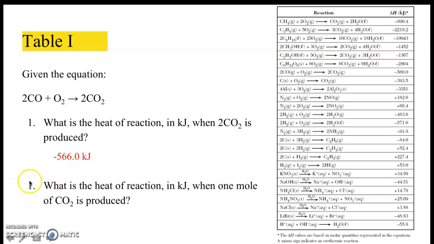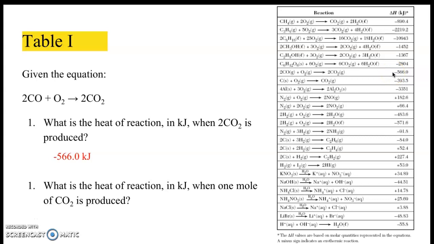Sometimes, I should say question number 2, but sometimes it gets a little trickier than that on the Regents or your upcoming test. What is the heat of reaction in kilojoules when 1 mole of carbon dioxide is produced? So we would still go and find that same equation. But when 2 moles is produced, we see negative 566 kilojoules is produced.